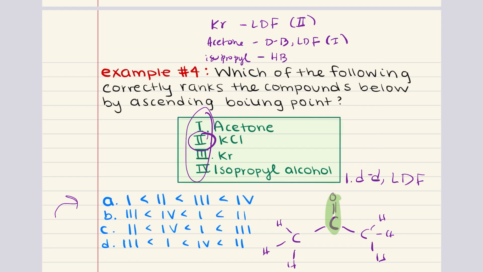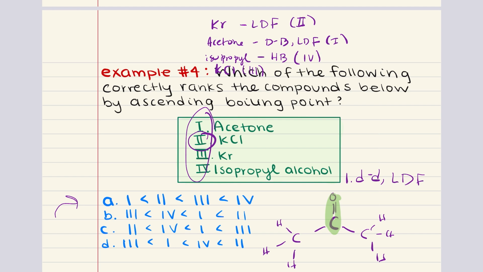And then the one that has the highest boiling point is going to be potassium chloride because potassium chloride is an ionic compound. And so we're looking for an answer that writes specifically in this order: 3 followed by 1, followed by 4, followed by 2.